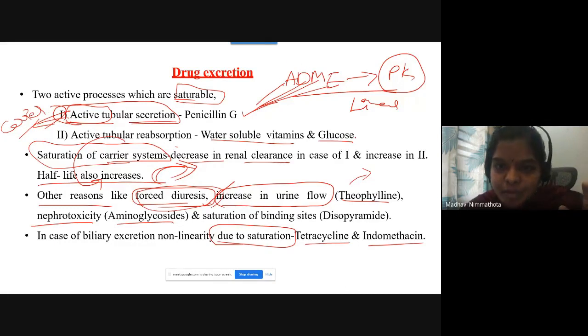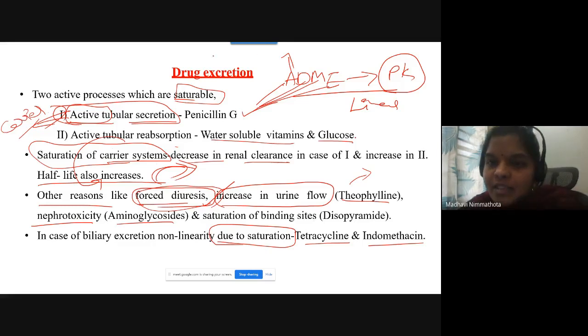In case of absorption, we need more solubilized drug, more dissolution, then we will get some expected absorption. If a poorly soluble drug gets more solubilized in our body, then definitely there is a deviation in the absorption we have seen.